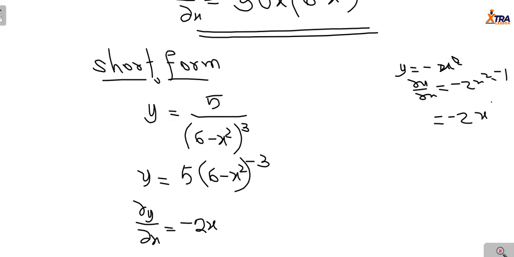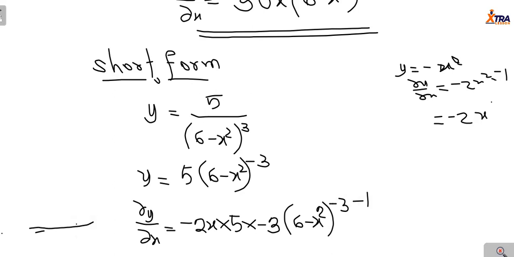We have 5 here, so it should be 5 times minus 2x, times the minus 3 which comes down, and then we repeat the bracket, 6 minus x squared, all raised to power minus 3 minus 1. So now let's simplify.